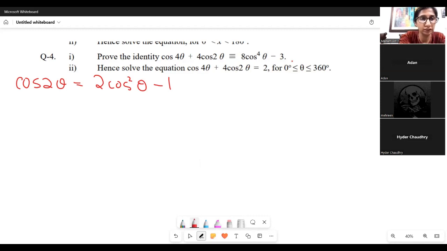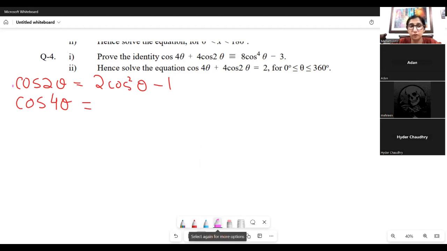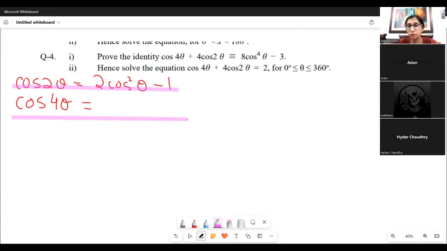Similarly, if cos 2 theta is this, then what is cos 4 theta? You have to follow a similar pattern. What is happening here is that this theta is now going to double.